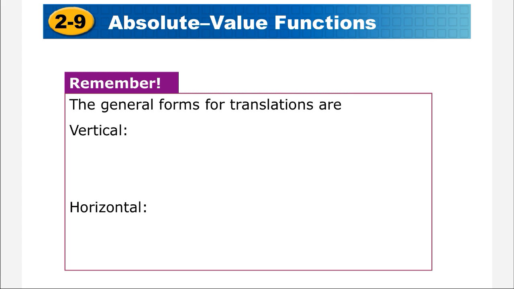So, for example, if you want to move up or down, that's a vertical translation. So, g of x equals f of x plus k. You simply add or subtract however much you're moving up or down.